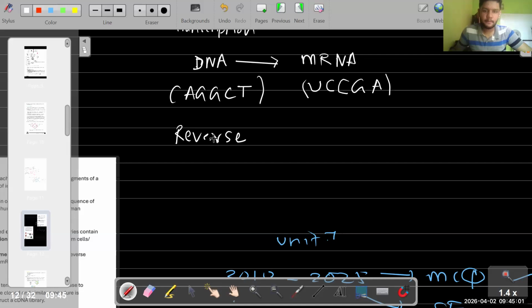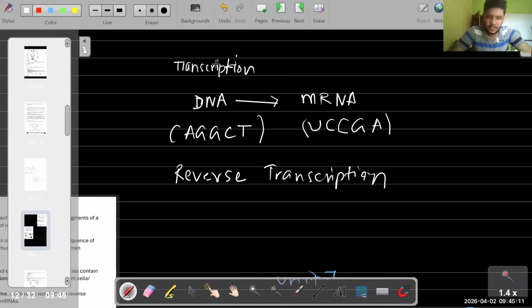What is it? Reverse transcription. Now tell me, if transcription is like this, how will reverse transcription look like? Just think how it looks like.